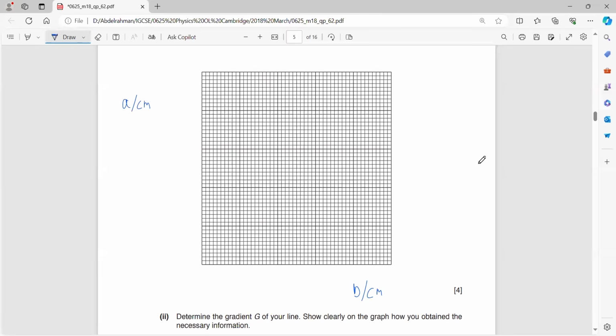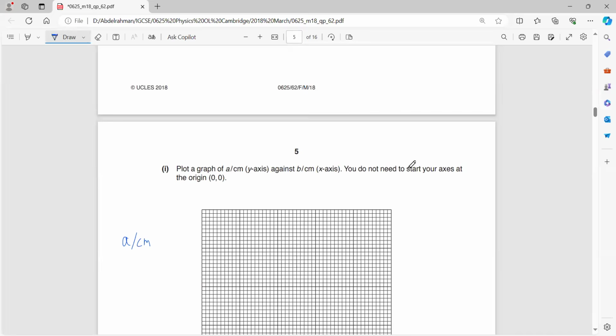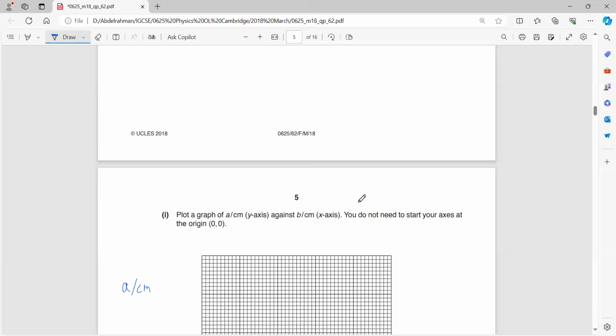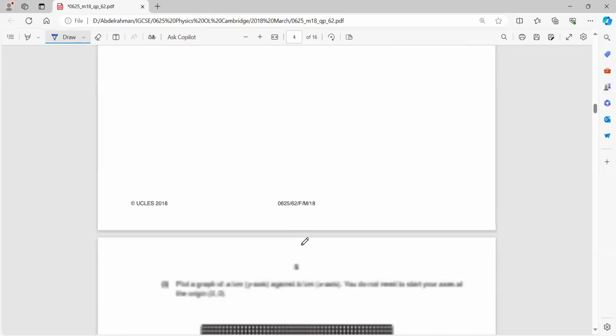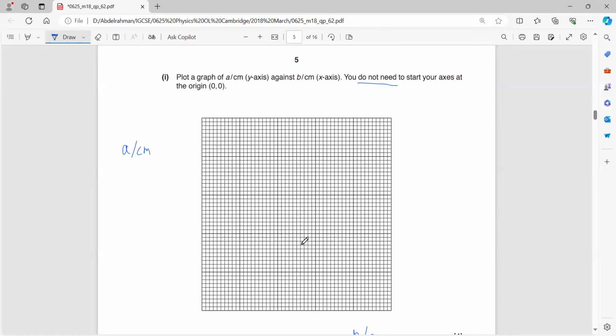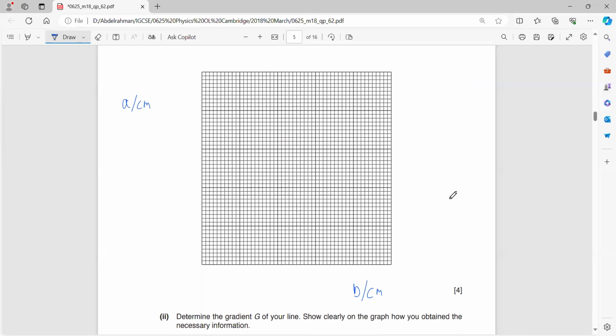I need to scale the graph. Should be easy. You do not need to start your axes from the origin. A goes from 25 up to 45: 25, 30, 35.